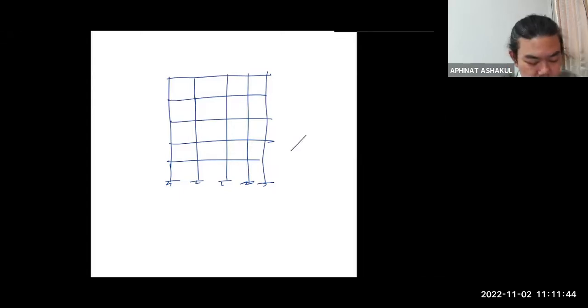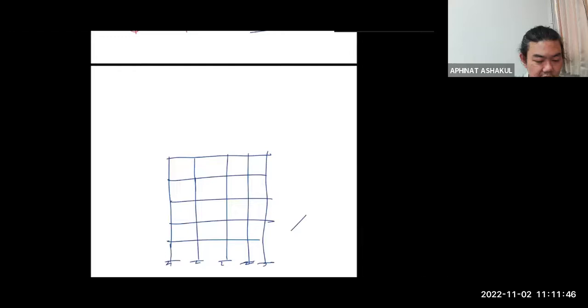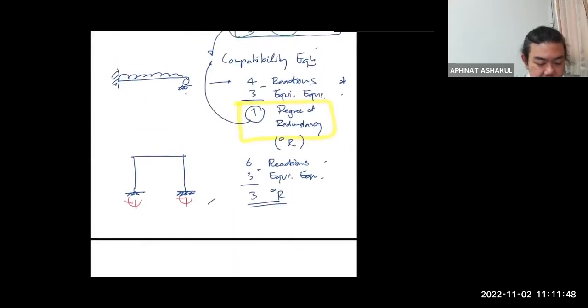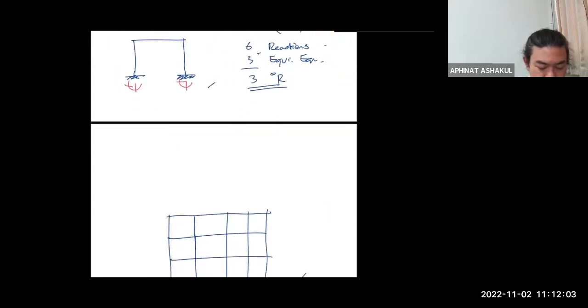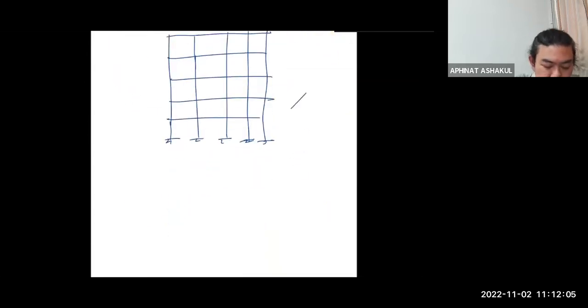Okay, so let's go back here again. In order to construct your compatibility equation, you need to turn this into a primary structure. A primary structure is of course a determinate structure, which you can analyze.